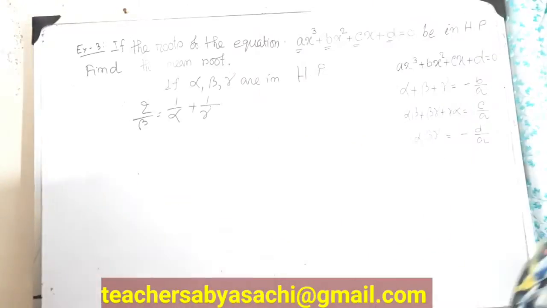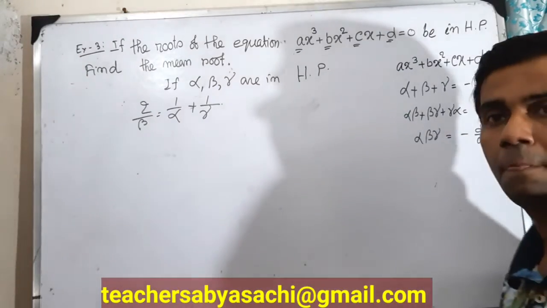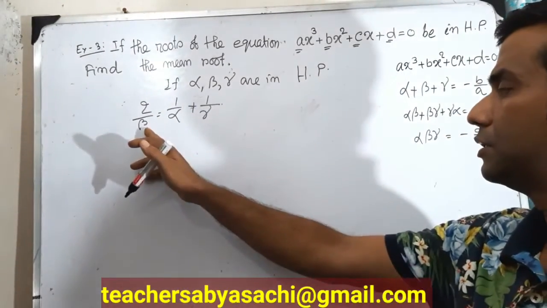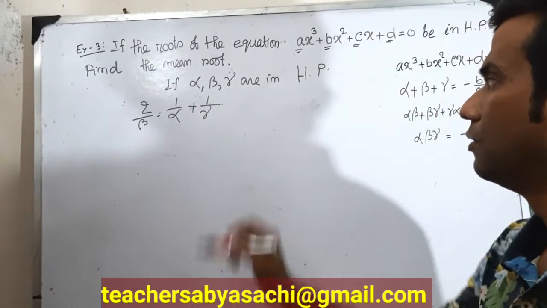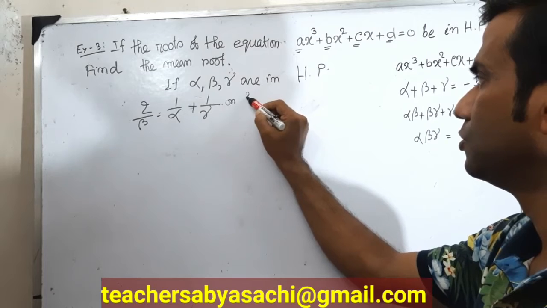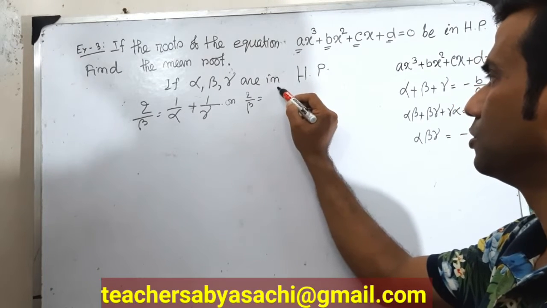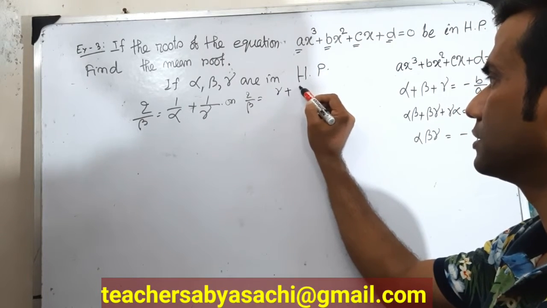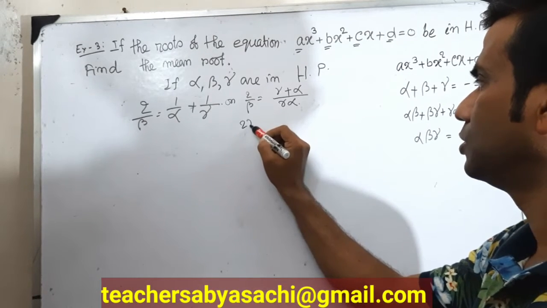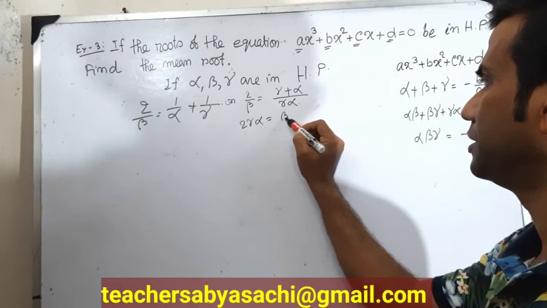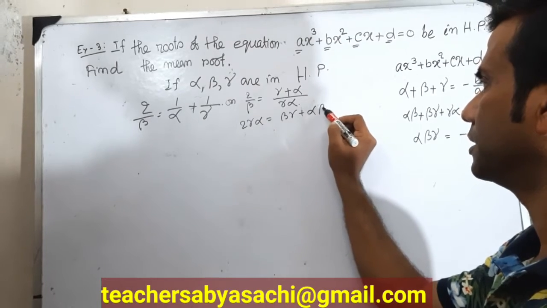We have to find out the mean root beta. From this relation we get 2 by beta is equal to gamma plus alpha by gamma alpha. That means 2 gamma alpha is equal to beta gamma plus alpha beta.